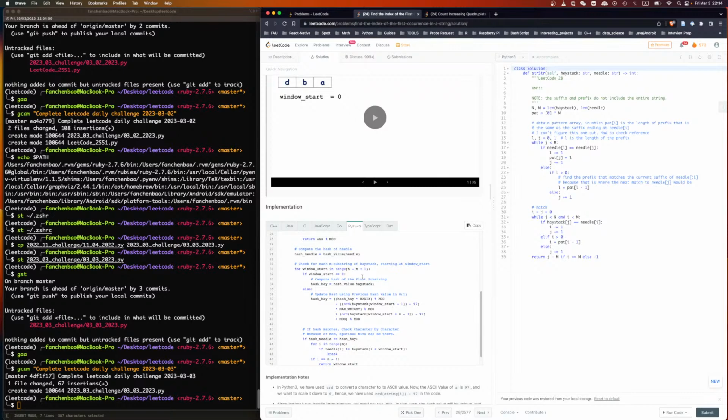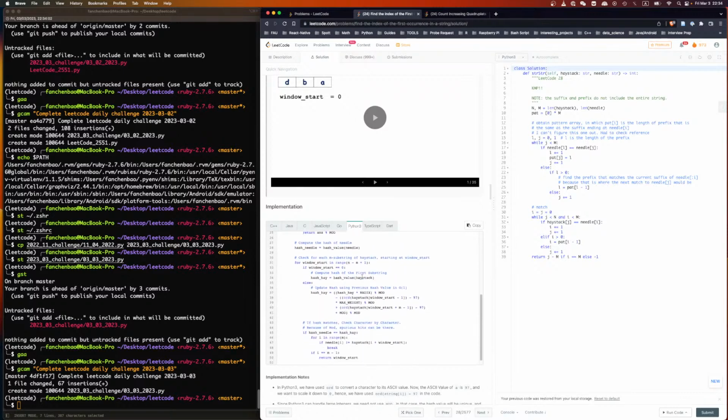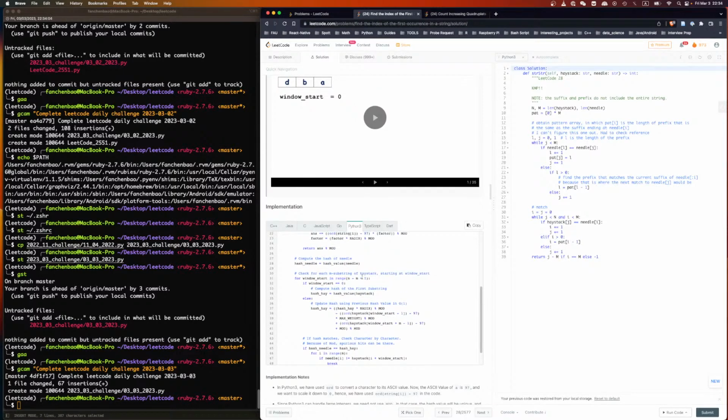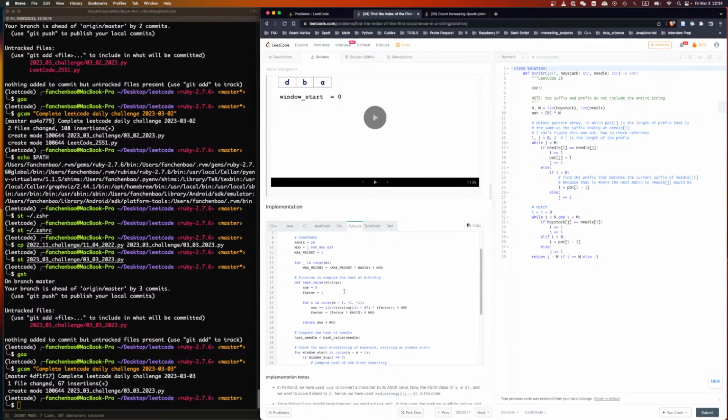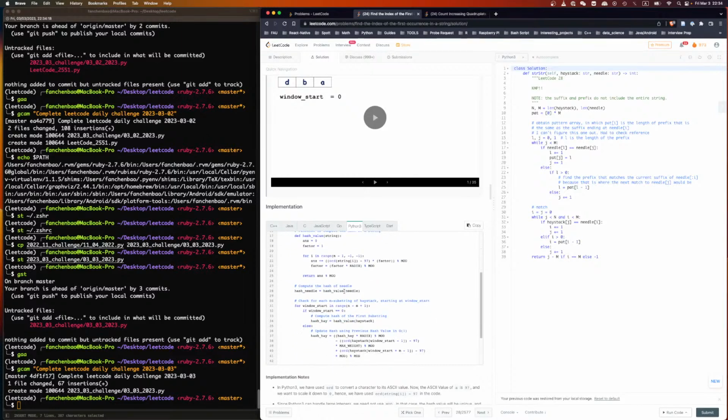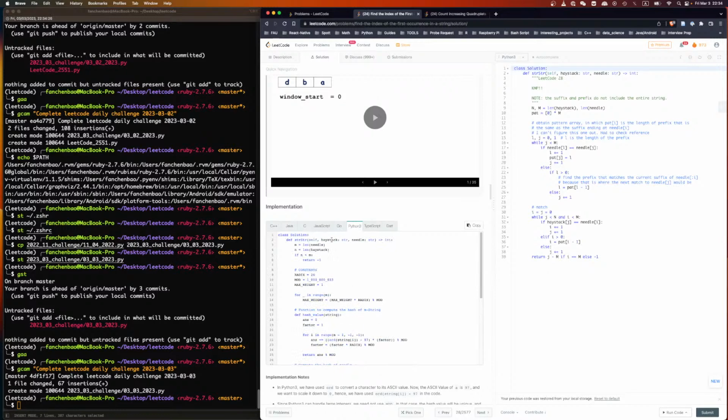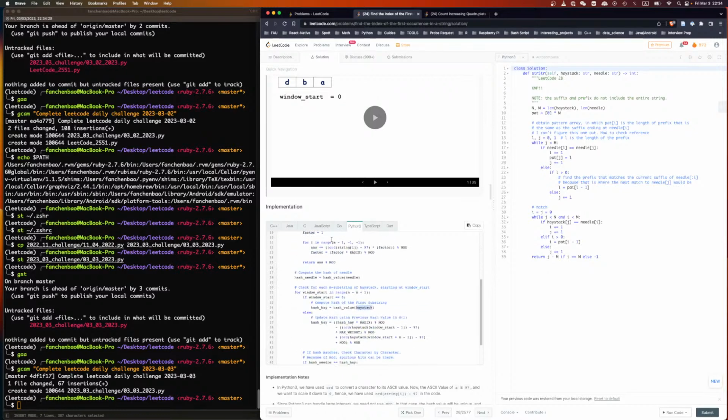Window start 0. Wait, what's hash value haystack? Hash hay. Fast substring. What's haystack? That I don't understand. Haystack is this, the entire thing.